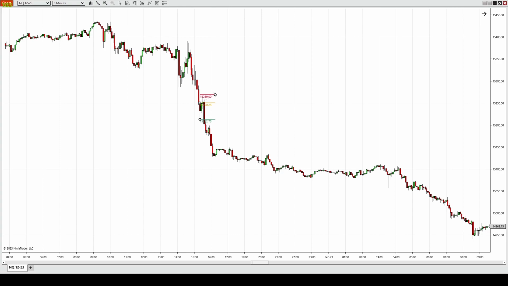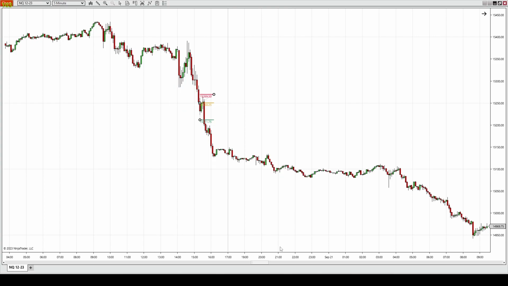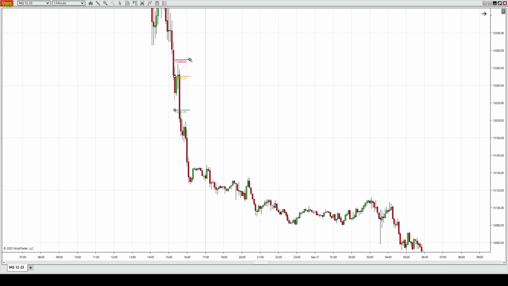So 59.25 is really what I'm trying to aim for. Let me zoom in a bit so it's easier. 9.25. Okay, so this is the type of risk reward I plan to aim for.